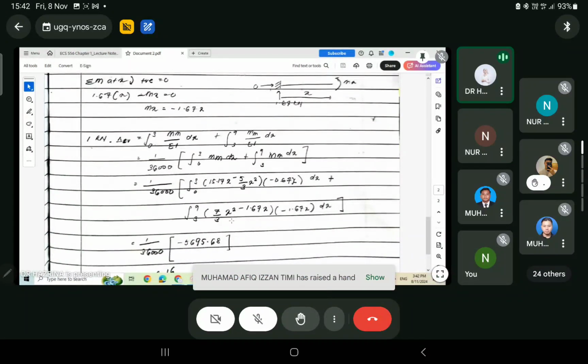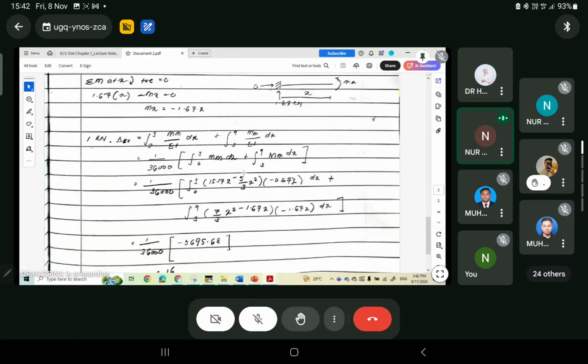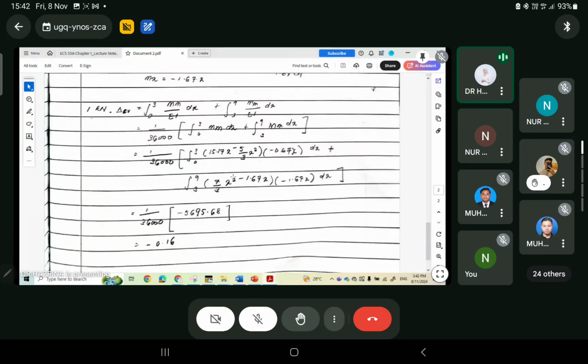So this one, are you calculating yourself or do you simply use a calculator? At first I use the calculator. Okay, good.